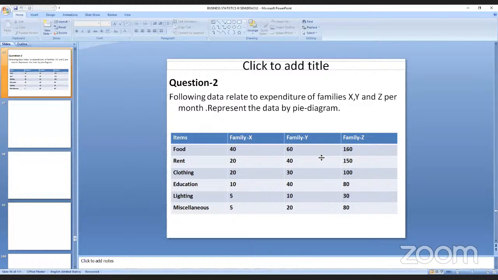How many problems did I give for homework? 6 questions. Once you are perfect, then you will get the 12 marks.